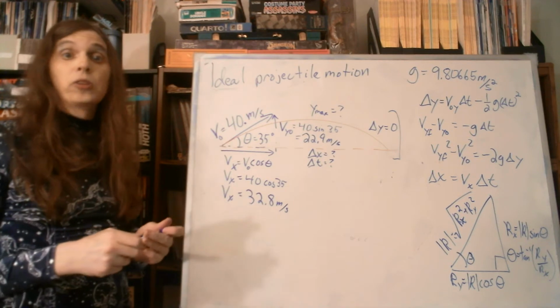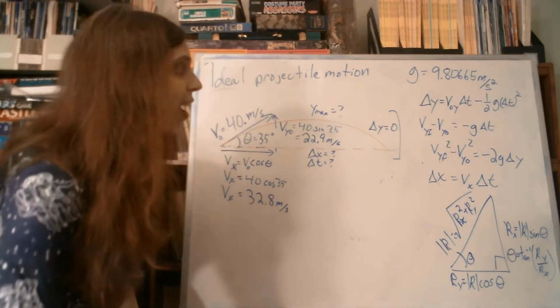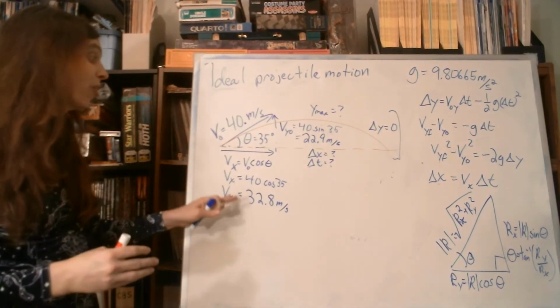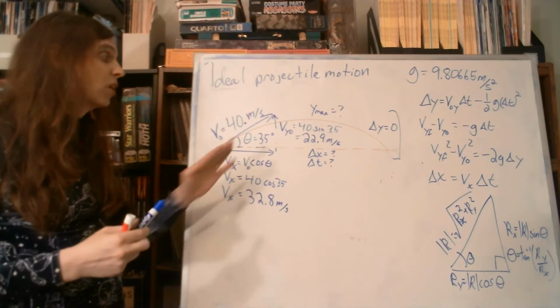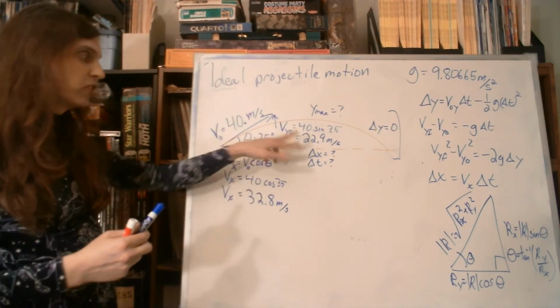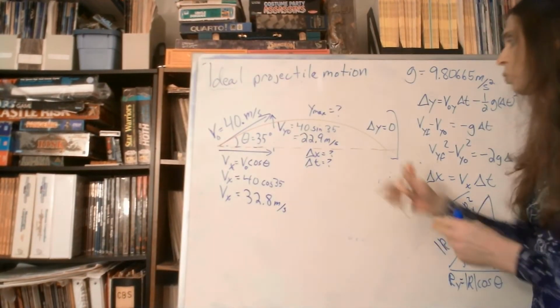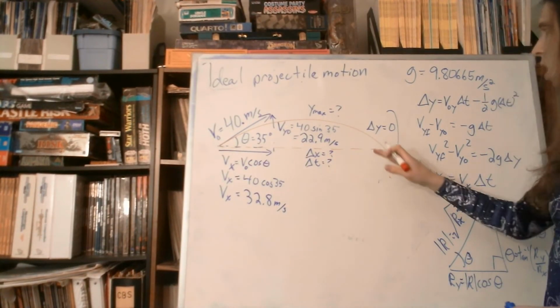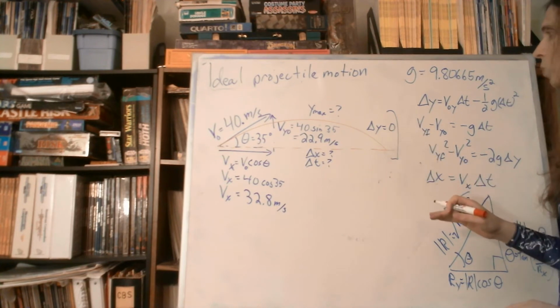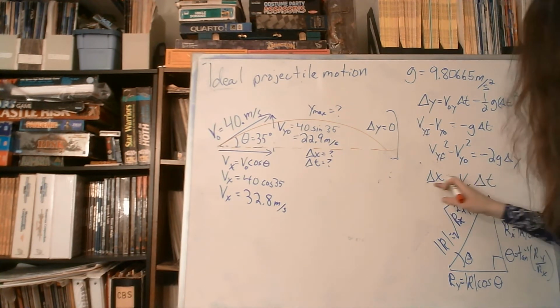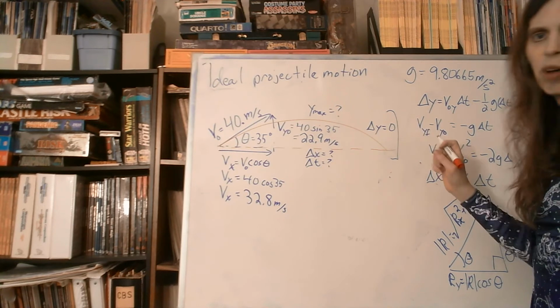Now that we have those, we can play ball. So now we've got information that can connect to the things we want to know. We want to know delta x, we want to know delta t, to go along with this delta y, and we'll get to the max height in a moment.